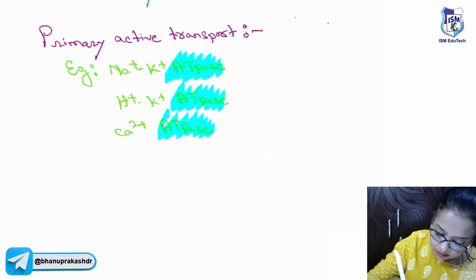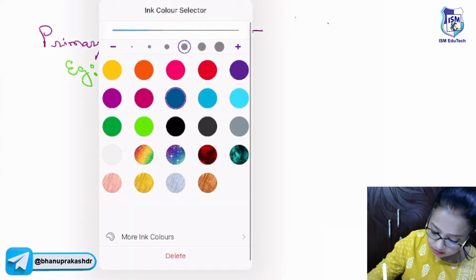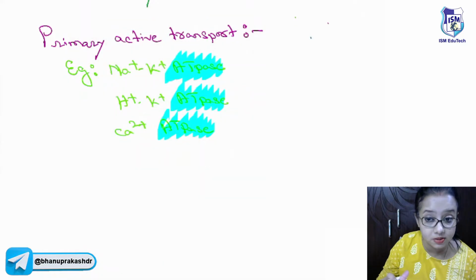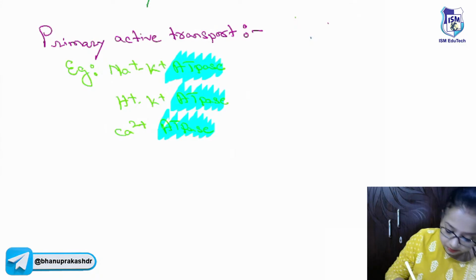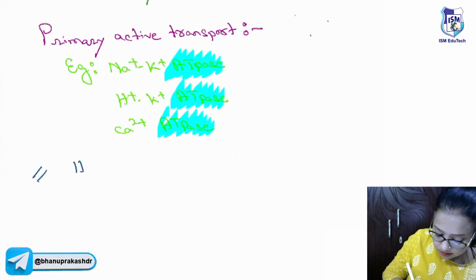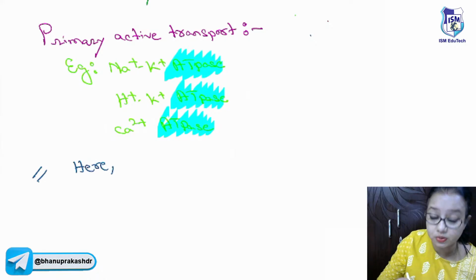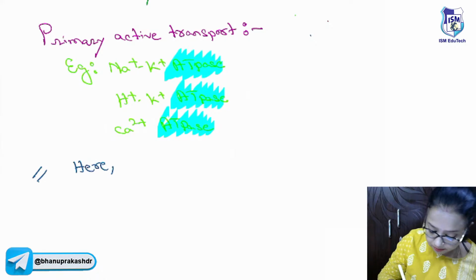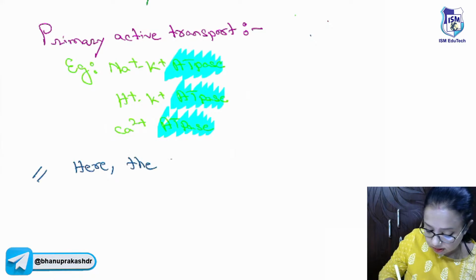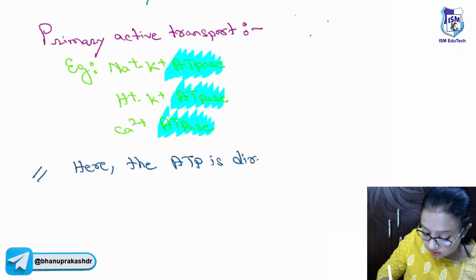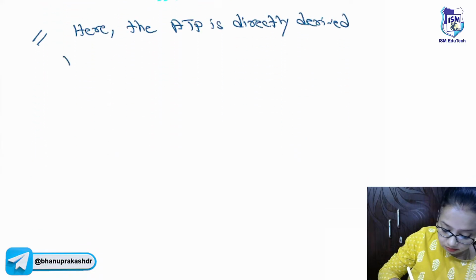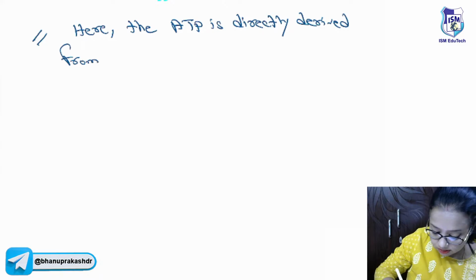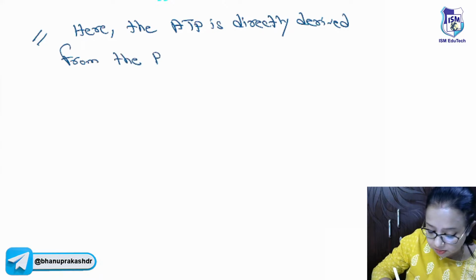Another interesting yet important characteristic of this primary active transport is that here the ATP is directly derived from the pump.